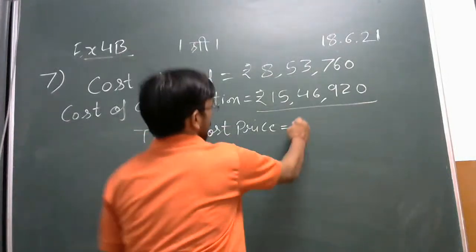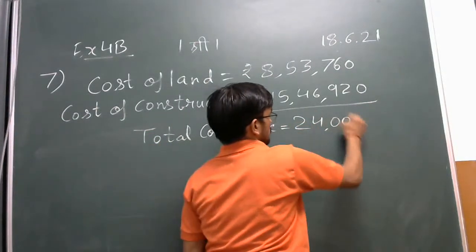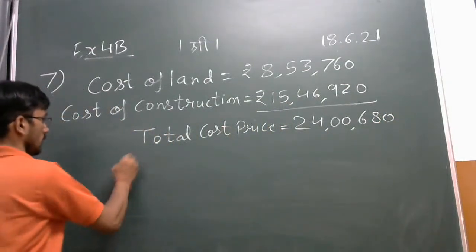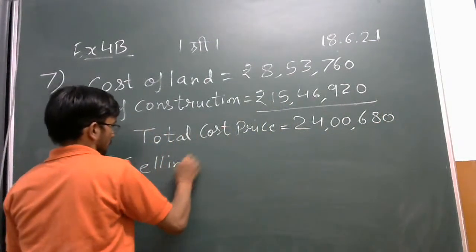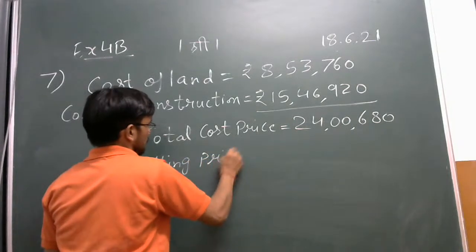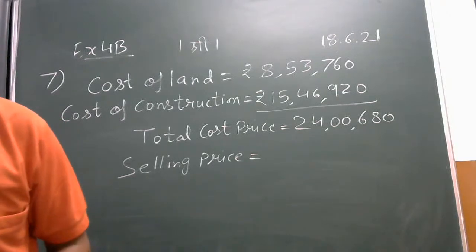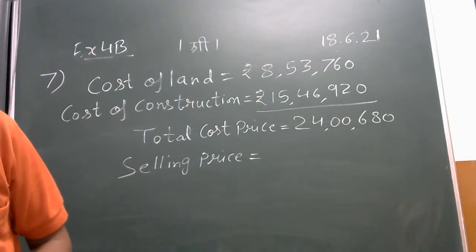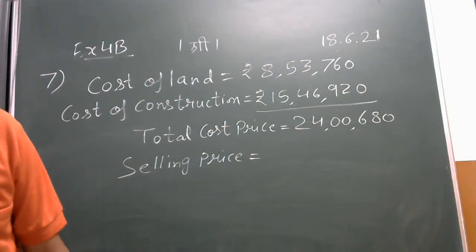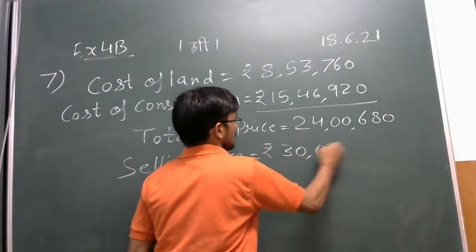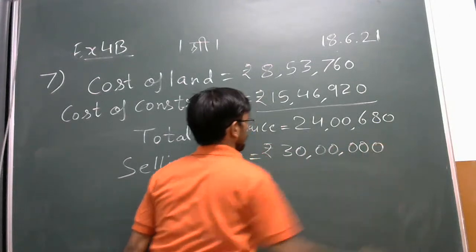24 lakh 680 rupees is the cost of construction. Then he sold it. So what is the selling price we have here? The selling price is 30 lakh. Sold it in 30 lakh rupees.